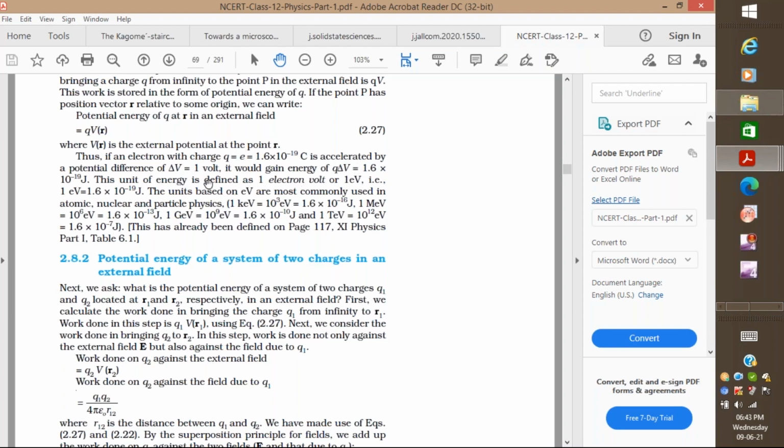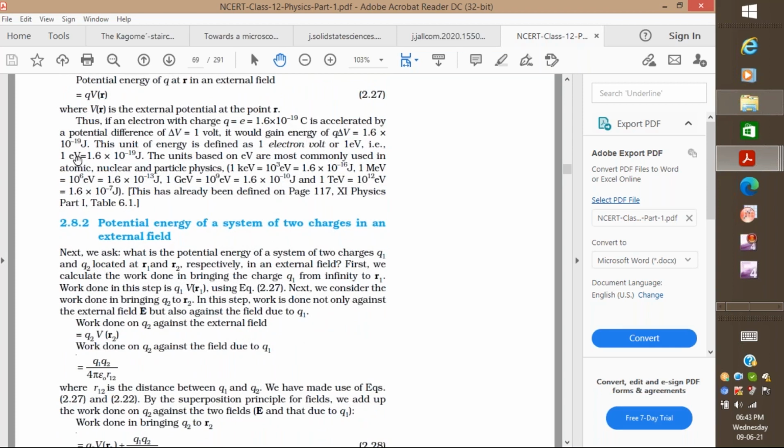To get the unit in joule: 1 electron volt is 1 E, that is 1.6 times 10 to the minus 19, times 1 volt. So 1 electron volt is equal to 1.6 times 10 to the power minus 19 joule. This is again important to learn.